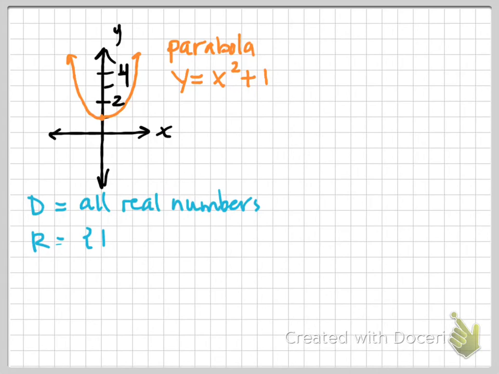How far up does it go? Infinite. We don't know where it's going to end. So we could write it as 1 to infinity. So all real numbers, 1 to infinity. Okay.